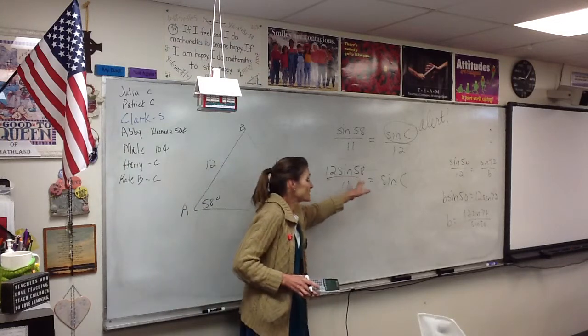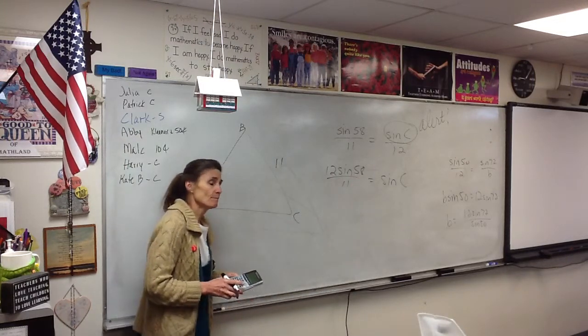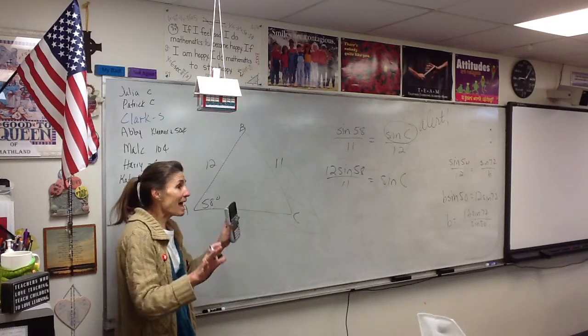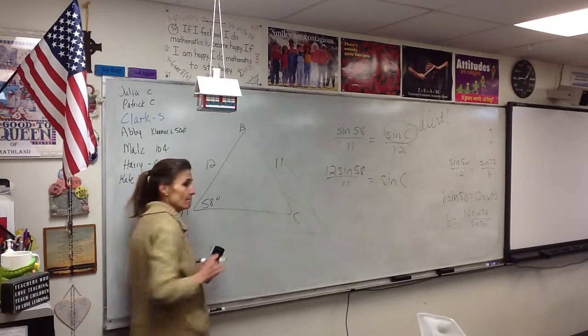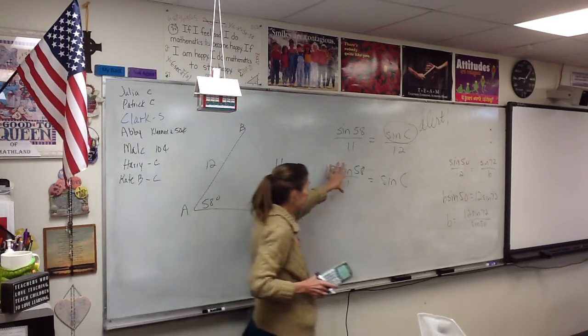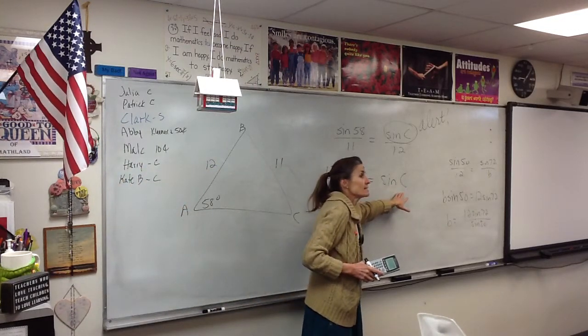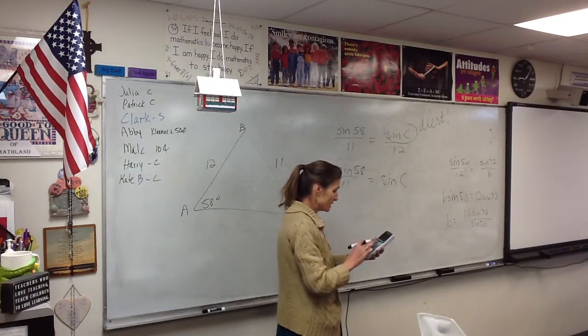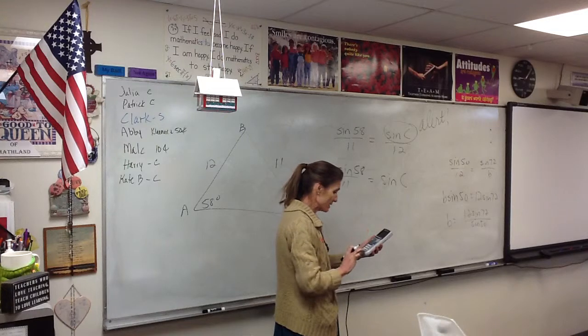So we've got 12 sine 58 over 11. We got that typed in and it's a decimal. Now, is that decimal angle C? No. What is that decimal? It's the sine of C. How do I get the angle? Second sine, second answer.